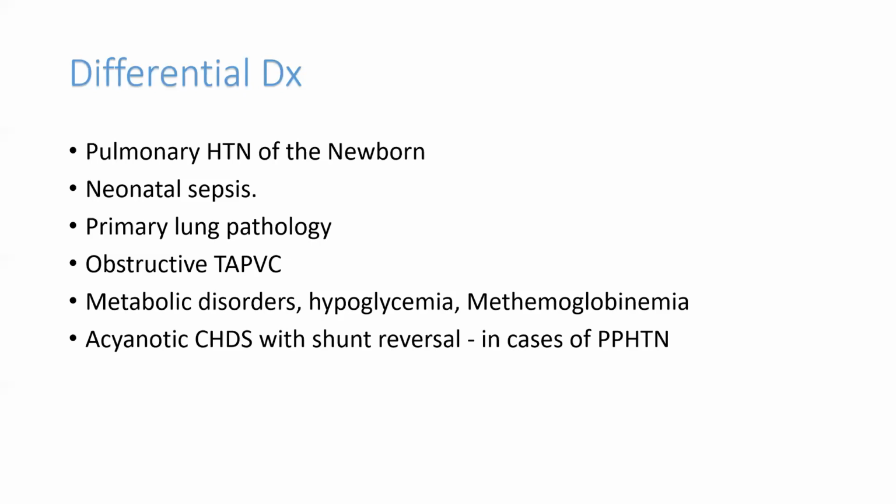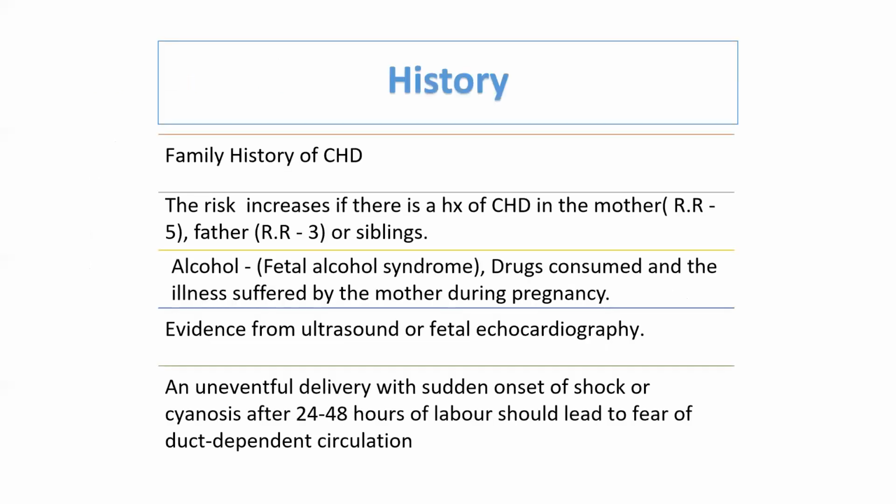And in a situation where there is pulmonary hypertension of the newborn with a cyanotic congenital heart defect, where there is shunt reversal, for example with an atrial septal defect or ventricular septal defect, the shunting normally occurs from left to right, but because of severe persistent pulmonary hypertension of the newborn, shunting will occur at the atrial or ventricular septal defect level due to increased pressures in the pulmonary circulation.